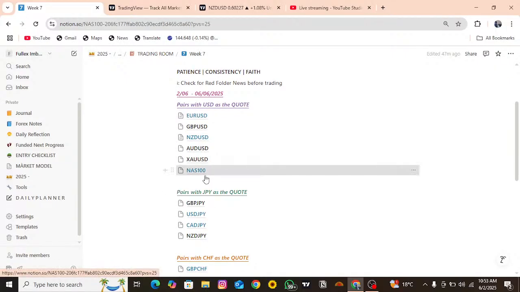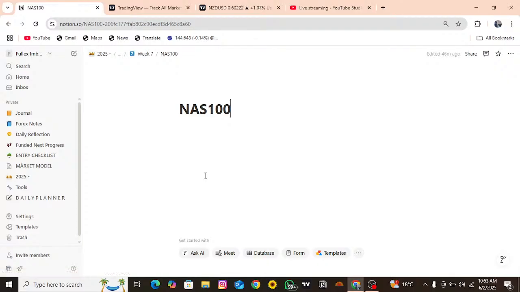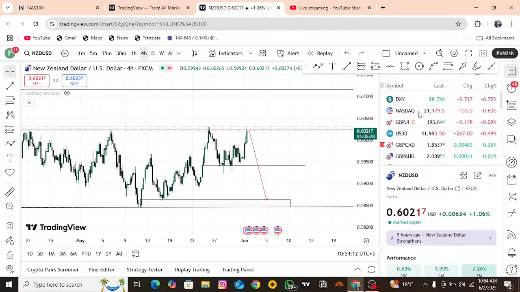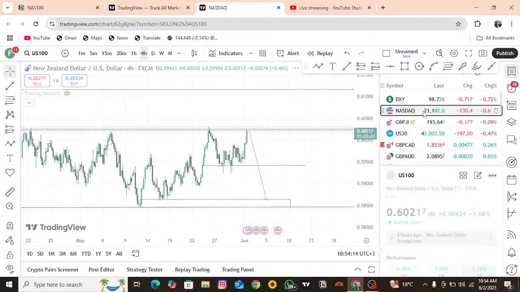Let's look at NASDAQ. This is the NASDAQ. So I'm just going to have the higher time frame for the NASDAQ. I think NASDAQ is the first one in my campaign there.